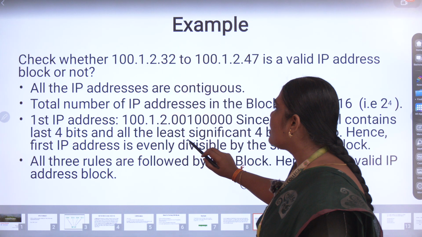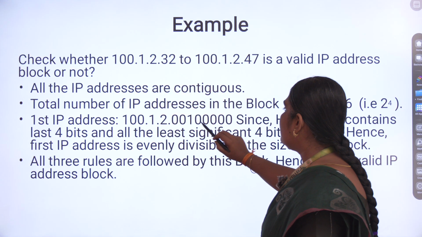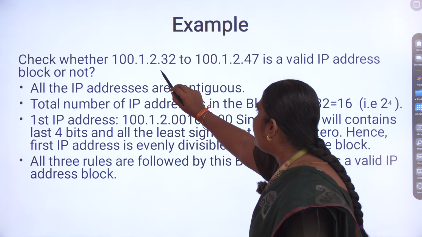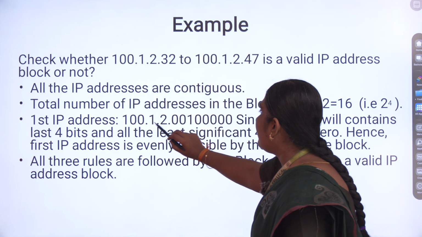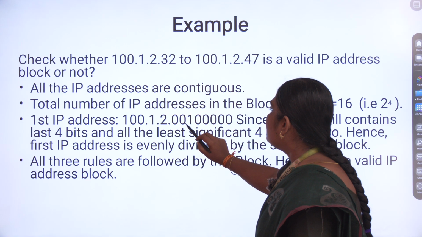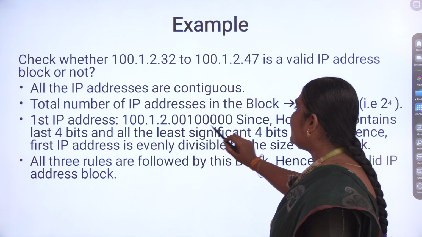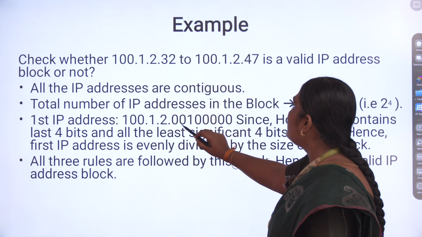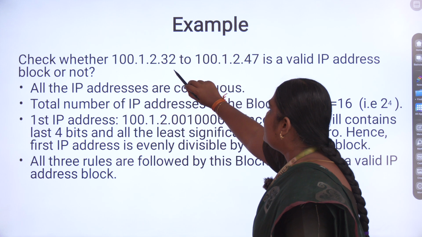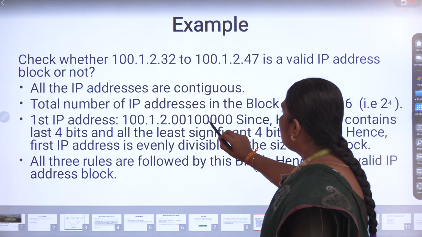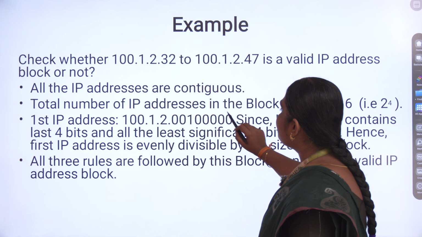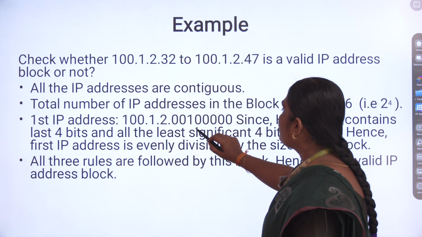Third condition, the first IP address, that is 100.1.2.32, is denoted like this, 100.1.2. Then this is the binary representation of this digit 32. It shows that the last 5 bits are 0.